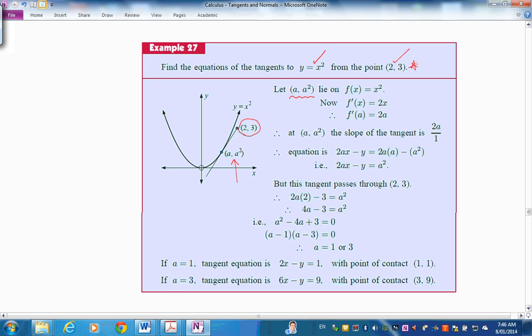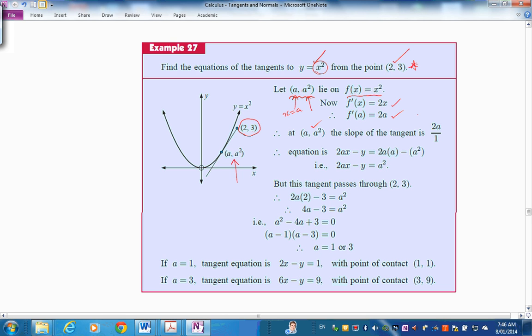Let (a, a squared) lie on that curve. In other words, you let the point of contact be x = a, and then you sub a into the function. That's the method. Then we can work with it. The derivative is 2x, so the slope of the tangent is 2a.